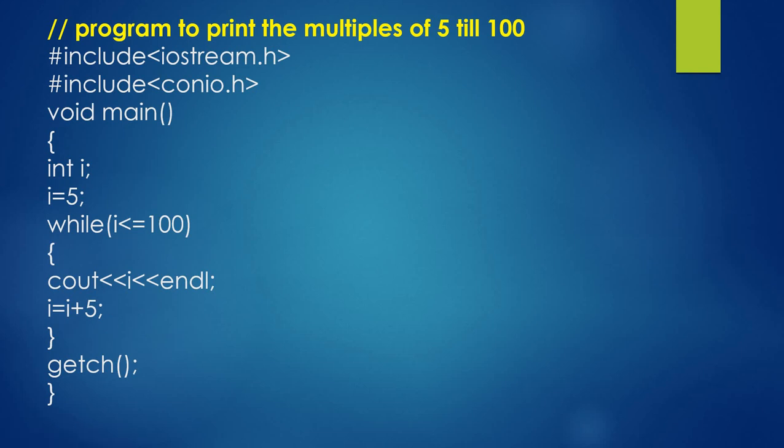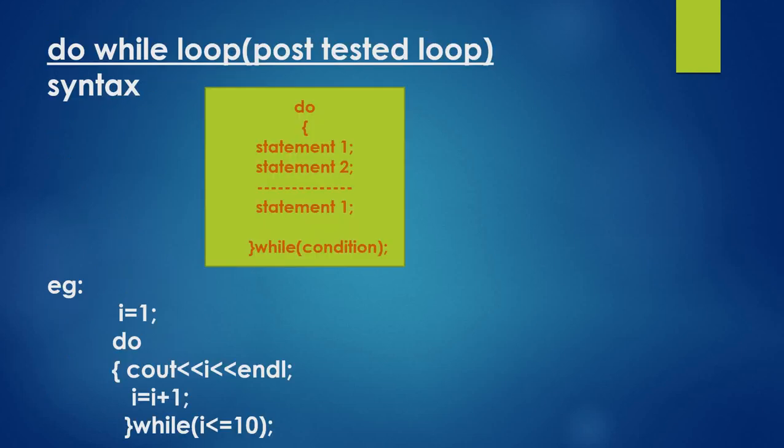What are all the multiples of 5? 5, 10, 15, 20, like that. That is, 10 means 5 plus 5, and 15 means 10 plus 5. So the increment is i = i + 5.